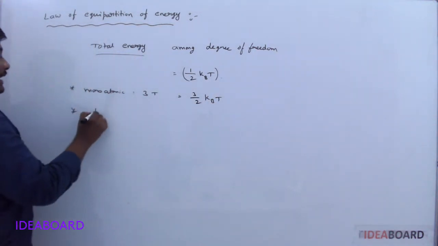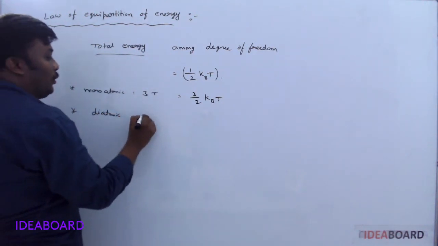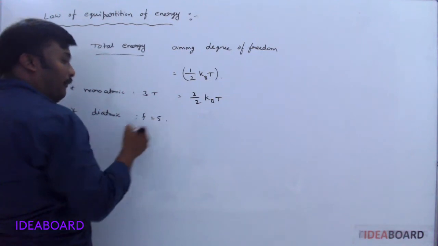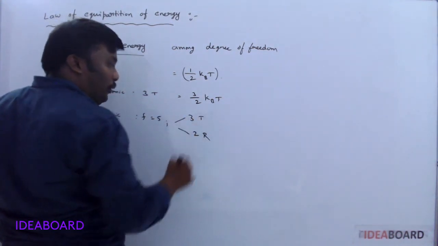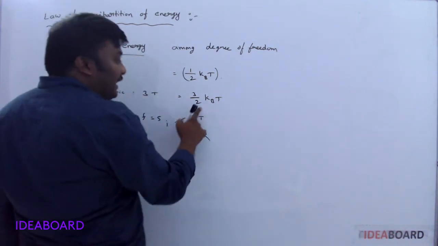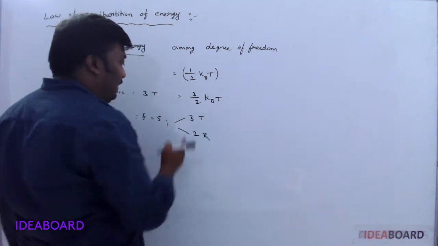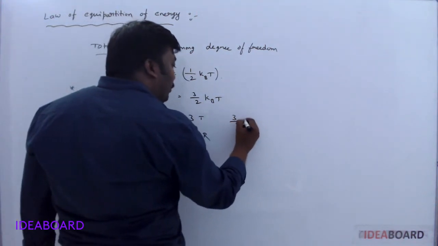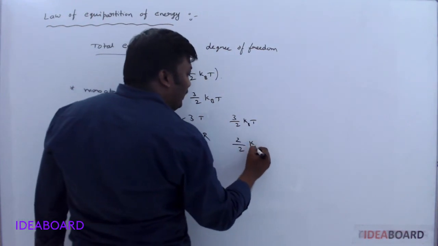Suppose for diatomic gas, we said total number of degrees of freedom are 5. Out of 5 there are 3 translational and 2 rotational. Each degree of freedom has an energy of half kBT. So it has 3 by 2 kBT here, and here 2 by 2 kBT.